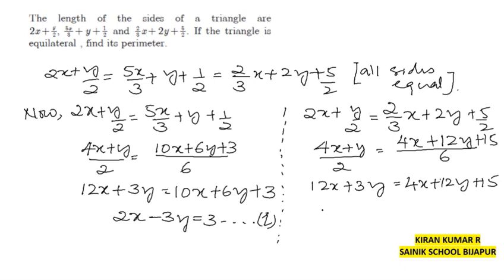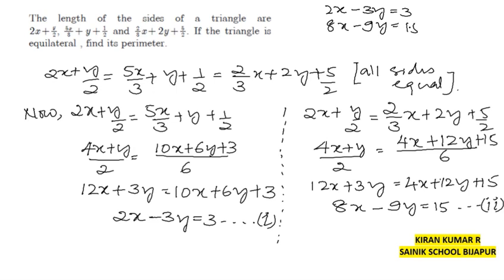Further simplify, we get 12x minus 4x, nothing but 8x, minus 9y equal to 15. Let this be equation 2. Now with equation 1, which is 2x minus 3y equal to 3, and 8x minus 9y equal to 15, we need to solve and find the value of x and y.